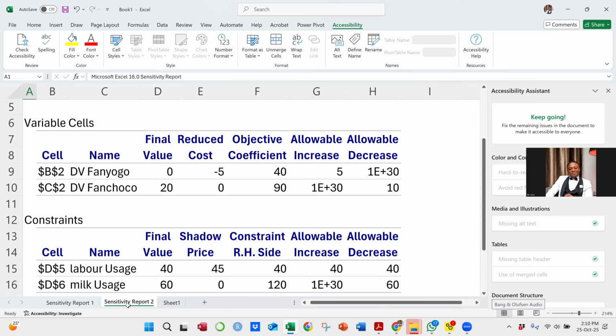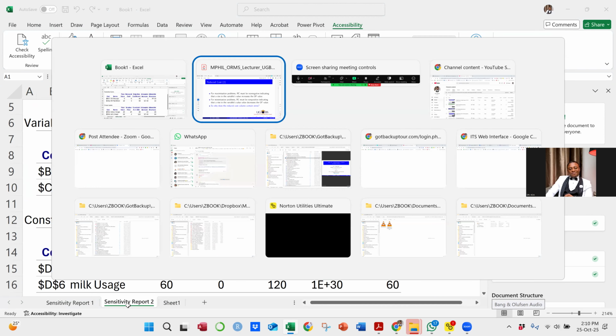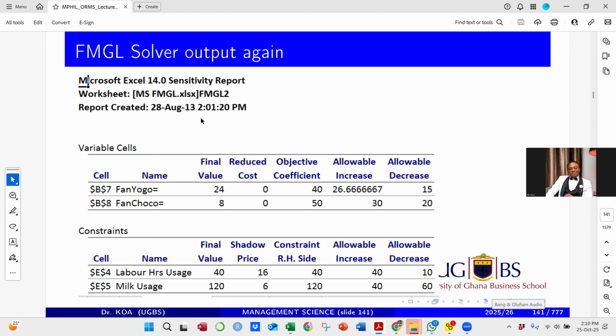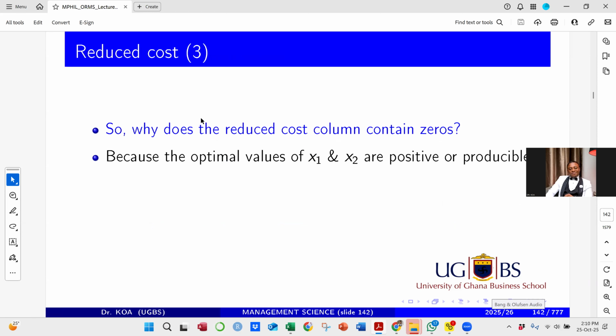And that is why the reduced cost column is not 0 in that context. So the reduced cost column is only 0 when production has been made. Write it down. If you don't write these things down, you keep watching me and waiting for the recording. These are the key deep things. Okay, let's move on to the next.